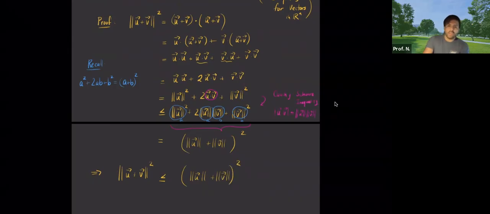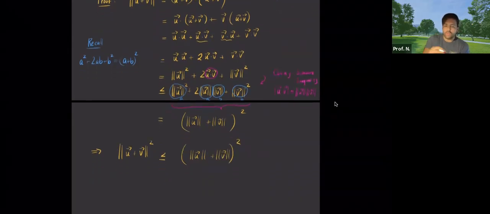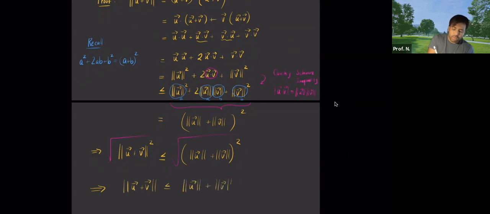And do you see why it would make sense to have it squared in the beginning? Because now when I take the square root on both sides, what happens? I get the norm of u plus v is less than or equal to the norm of u plus the norm of v. End of proof.